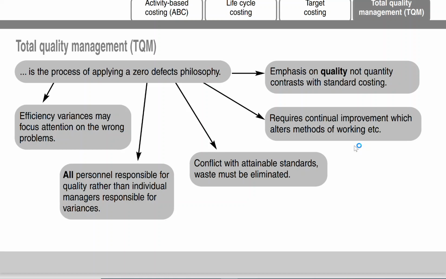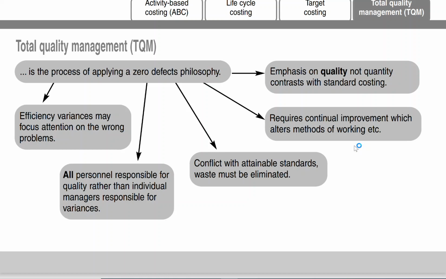Total quality management also believes that there should be zero defects. There is no quality defect that is acceptable. Traditionally, organizations believe that, okay, if 5% of the units are rejected, it's okay. More than 5% is not okay. But TQM believes that there should be zero defective products.